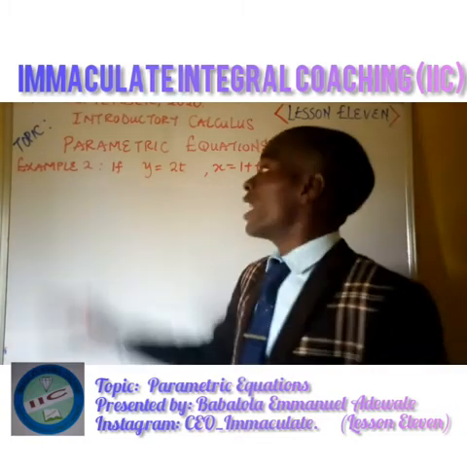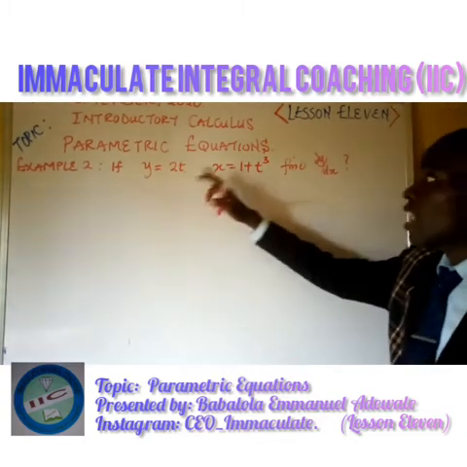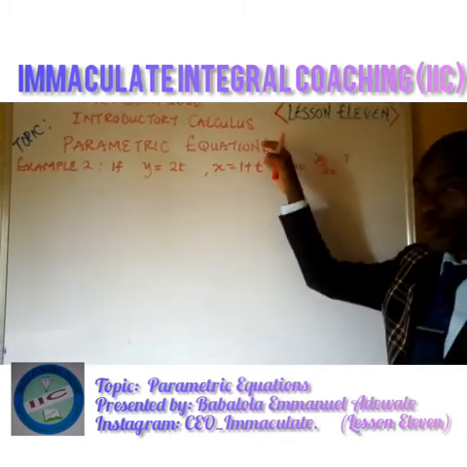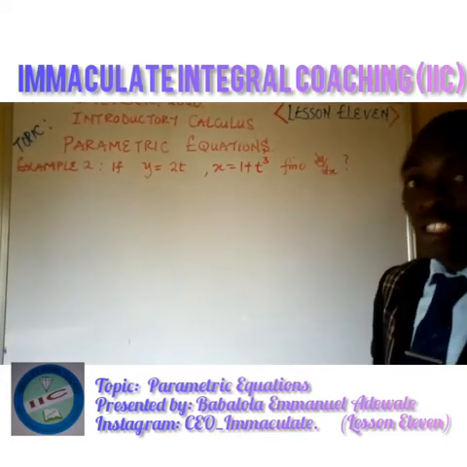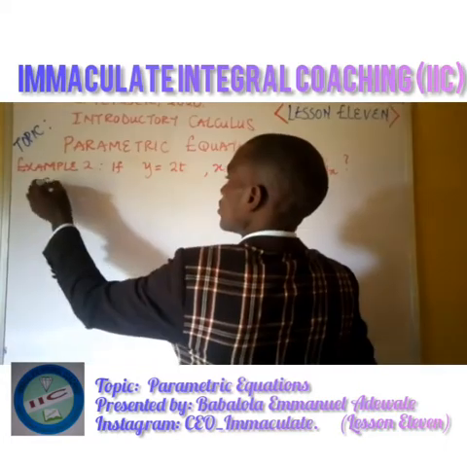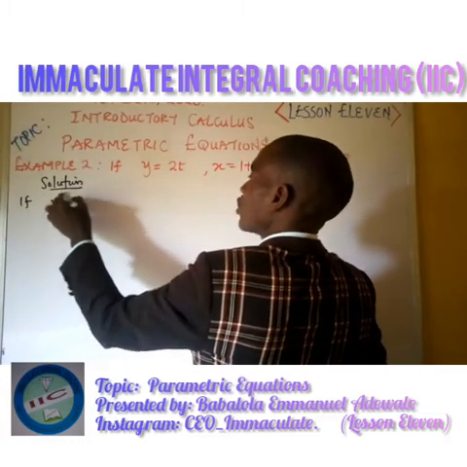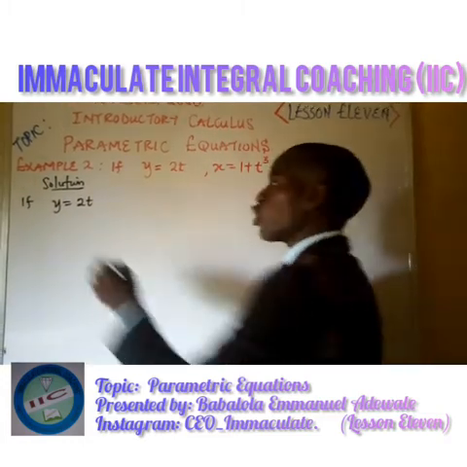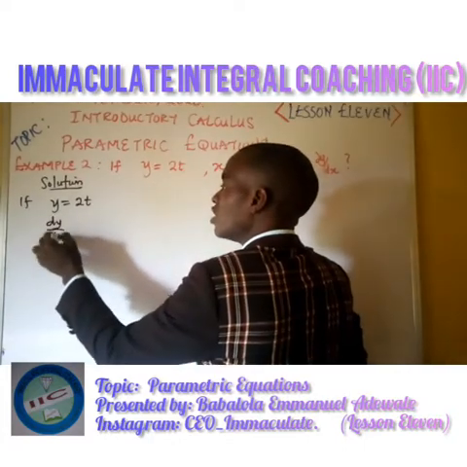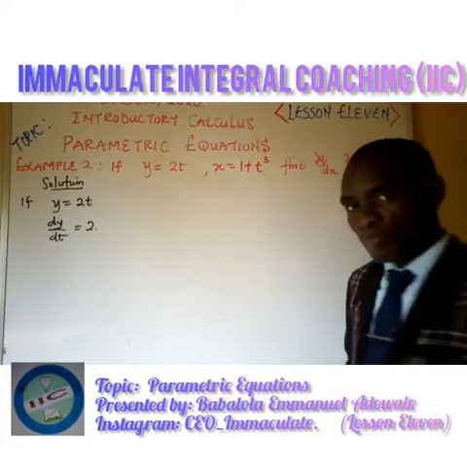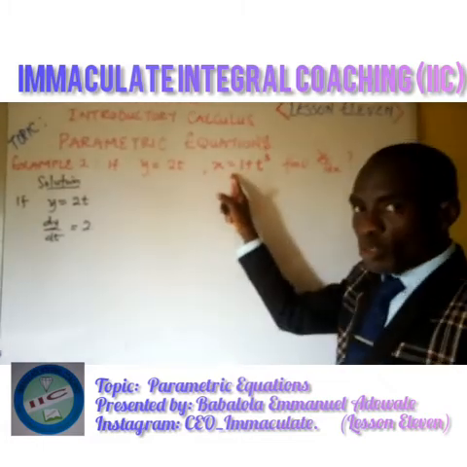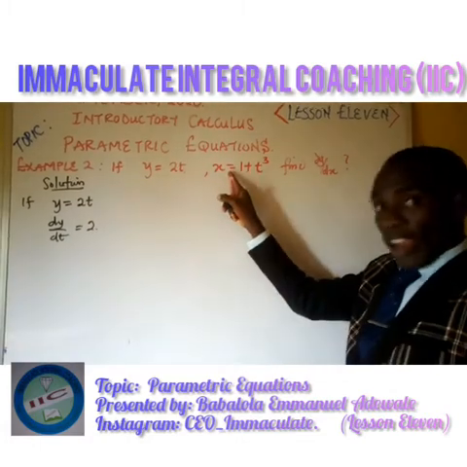Number 2. If y equals 2t, x equals 1 plus t cubed, find dy/dx. Solution. If y equals 2t, so dy/dt equals 2. We're going to do that to x.